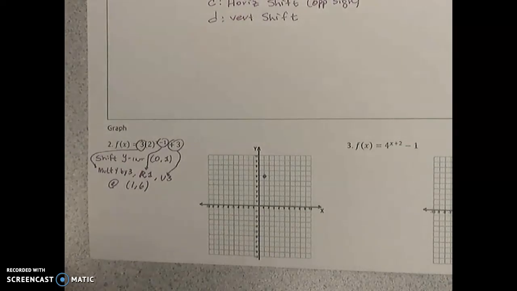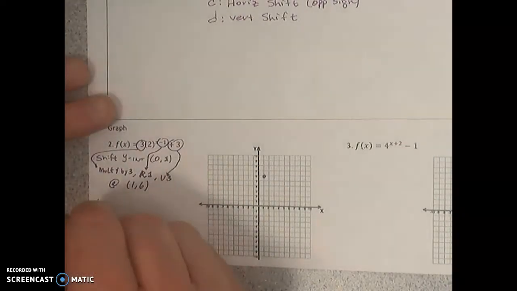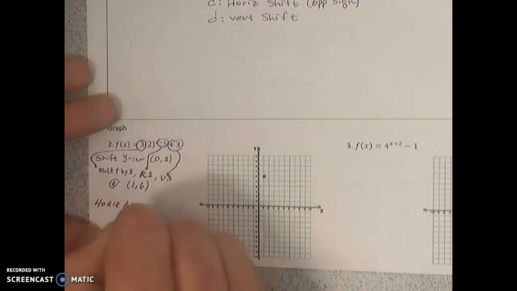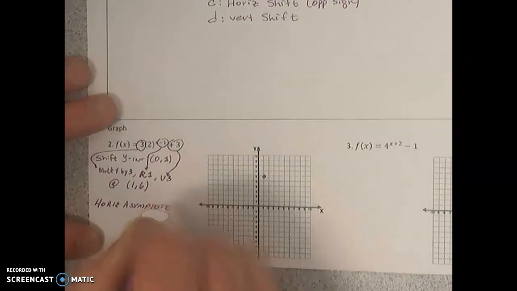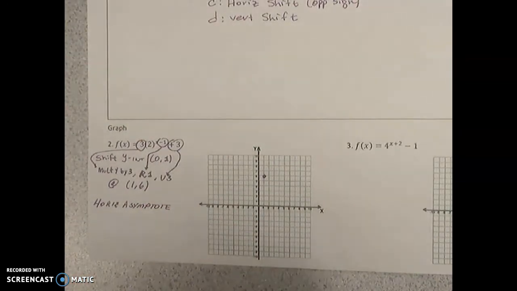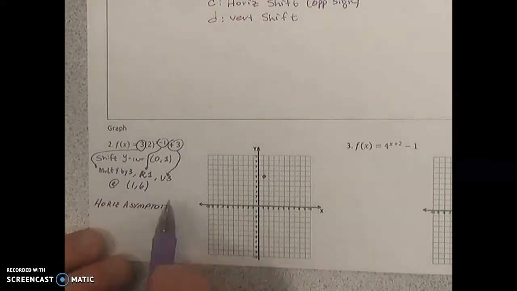these exponential functions. Okay? The next thing we might want to do is deal with the horizontal asymptote. The horizontal asymptote will be affected only by a vertical shift. It's not affected by a vertical stretch because it's normally at 0. 0 times anything would still be at 0.